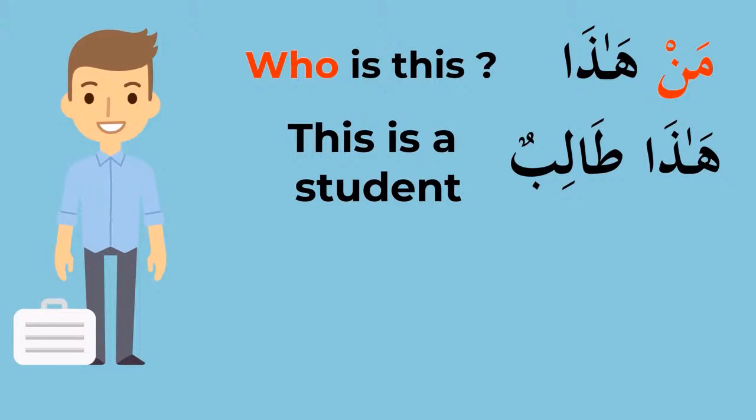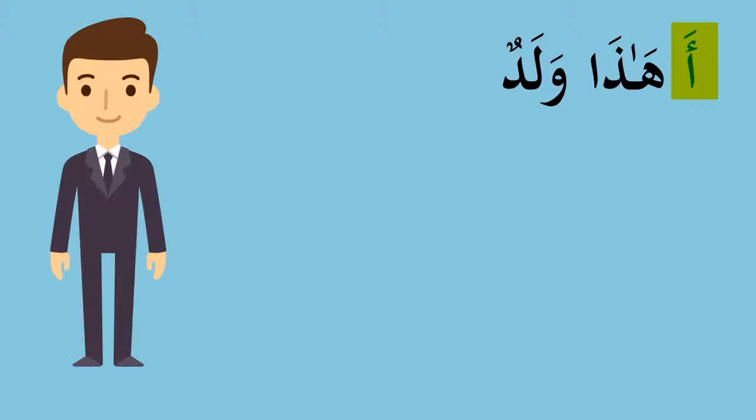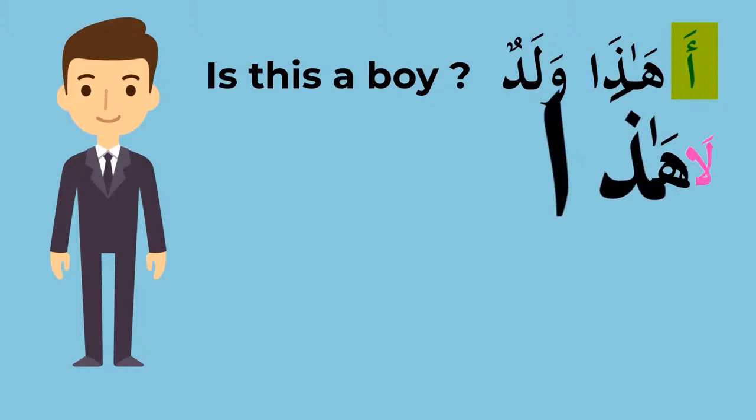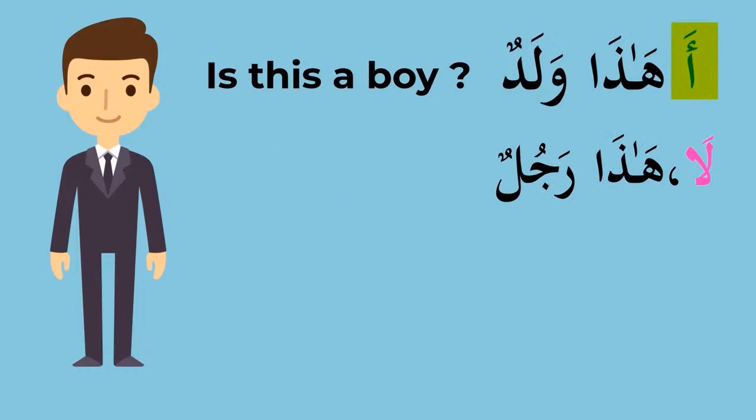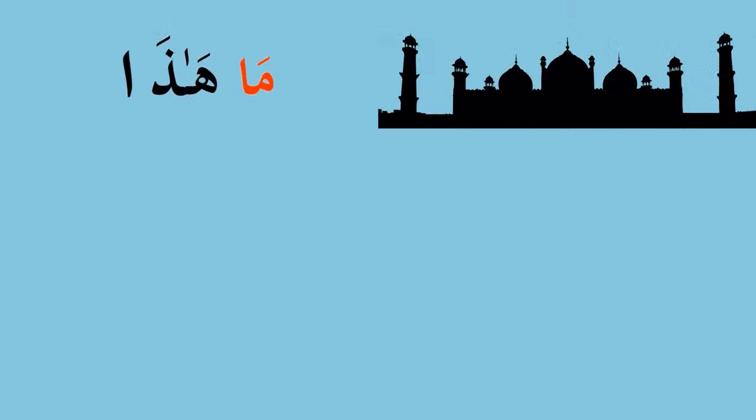Mashallah. Now the question: how do you start your question? By putting a. Ahadha waladun? Is this a boy? La. Hadha rajulun. So all these new vocabulary words are coming, and you have to memorize them, right? Rajulun, a man. Brothers and sisters, next one. Ma hadha.